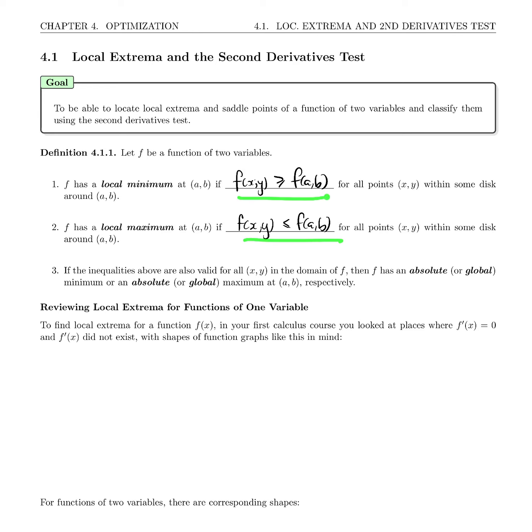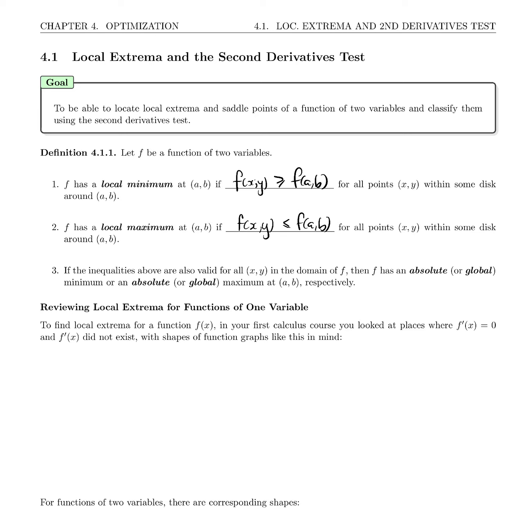And if the inequalities above are valid also for all (x, y) in the domain of f, not just around some disk, then f has an absolute or global minimum or an absolute or global maximum at (a, b), respectively.